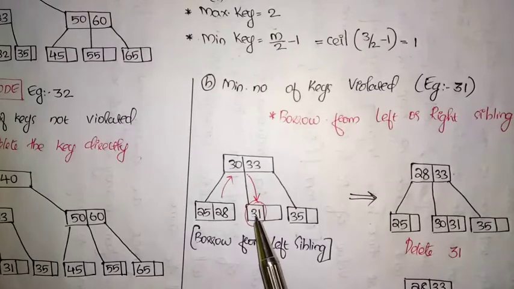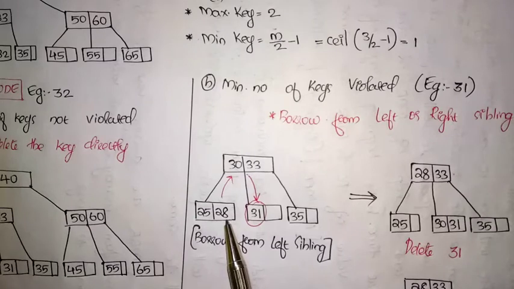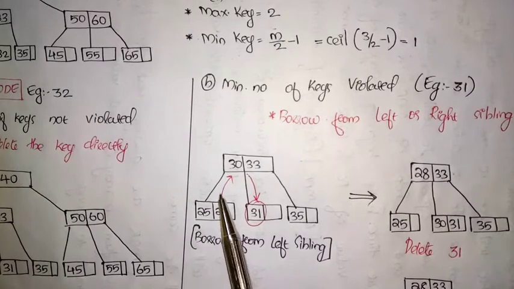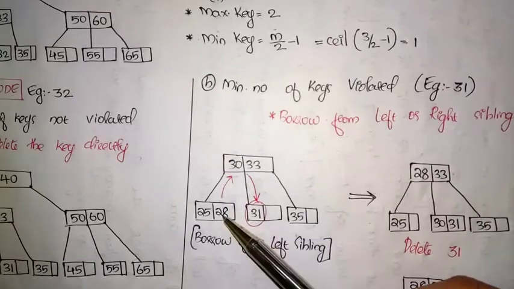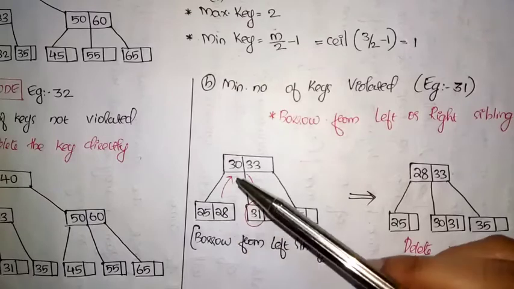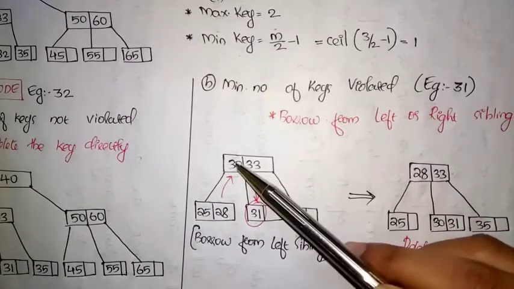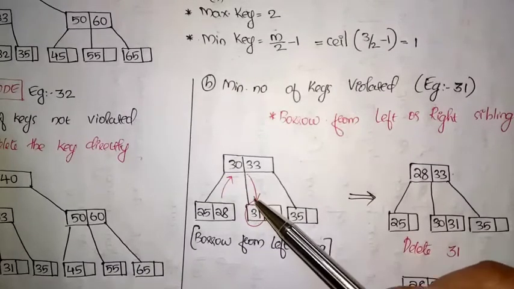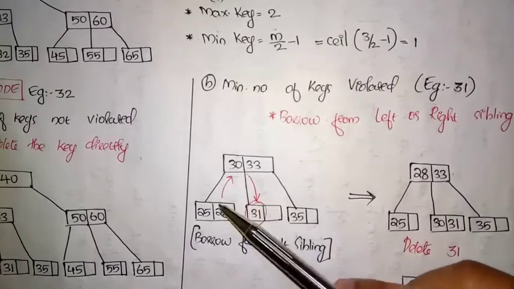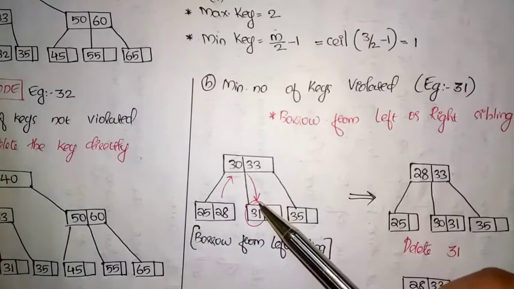So the rightmost key in this sibling is going to be given to this particular node. We have to move this 28 upward, wherein this 30 comes downward. So such a replacement will take place here.